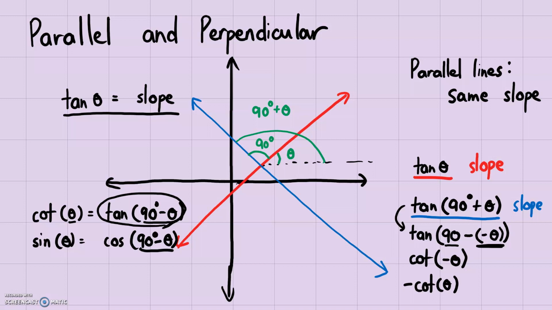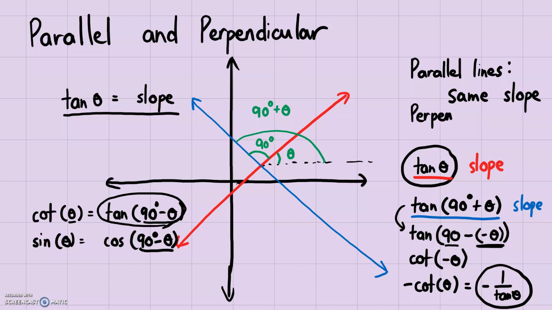And cotangent is a cofunction of tangent, but it's also the reciprocal of tangent. So that becomes negative 1 over tangent theta. So this is the slope for the blue line. And if you compare it with the slope of the red line, they are negative reciprocals of each other. And you've probably learned this in algebra, that perpendicular lines have slopes that are negative reciprocals. And this basically shows you why.